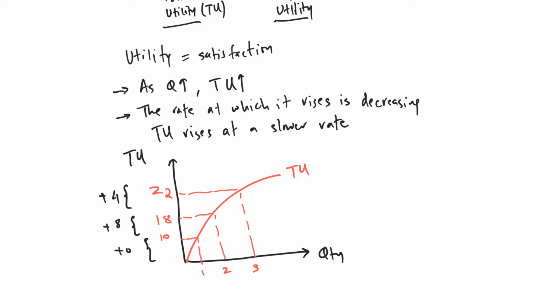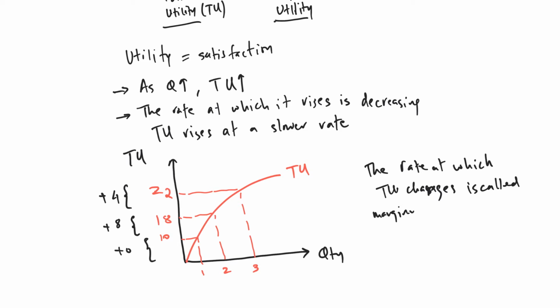The reason why we believe that this is happening is because when we look at total utility, we say this, that the rate at which TU changes is called marginal utility, your extra utility that you get when you consume a good. So marginal utility, or MU, is simply change in TU, extra utility over extra quantity.